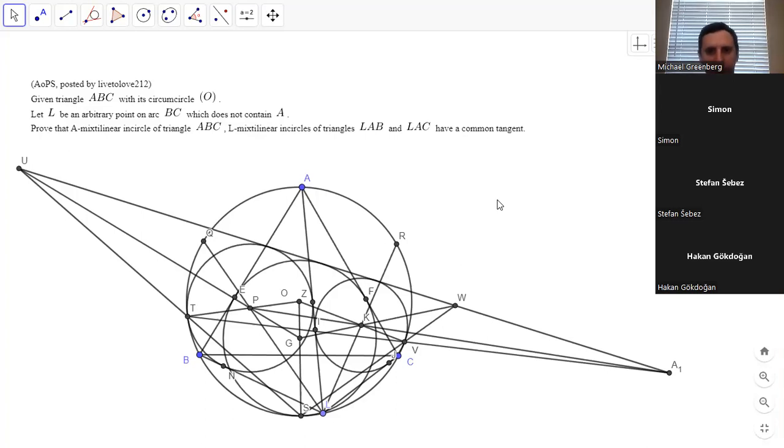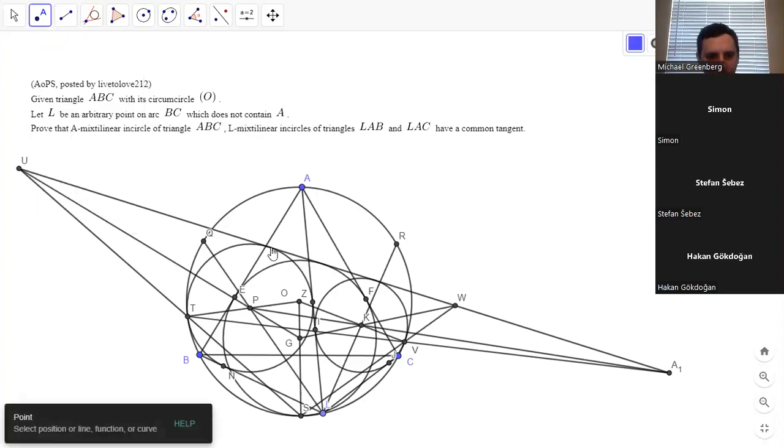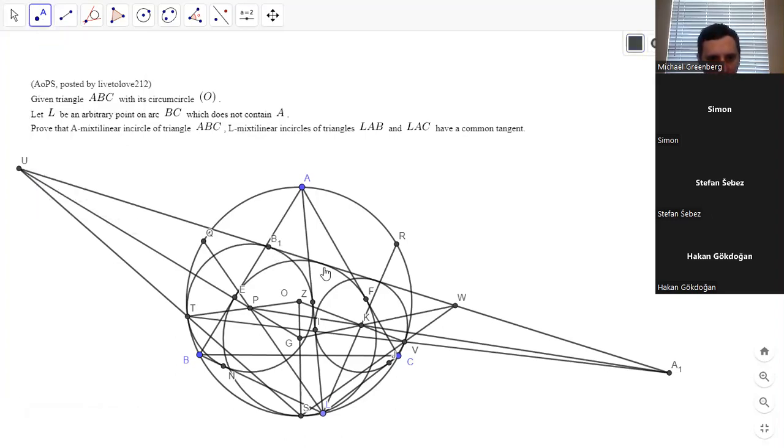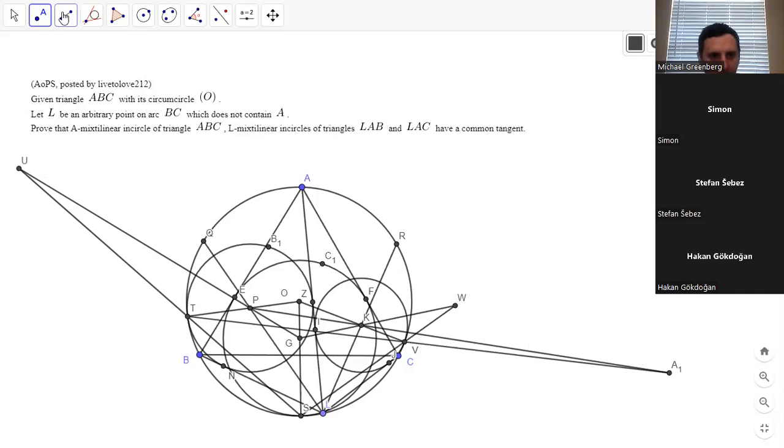Well, what we could do, so what if I draw two of the tangency points and we know, I'm just trying to think about this. We know U, B1, and C1 are collinear. Or we're defining B1 and C1.